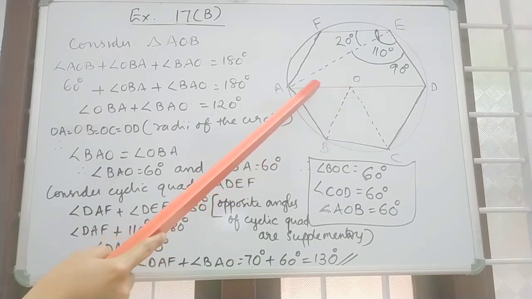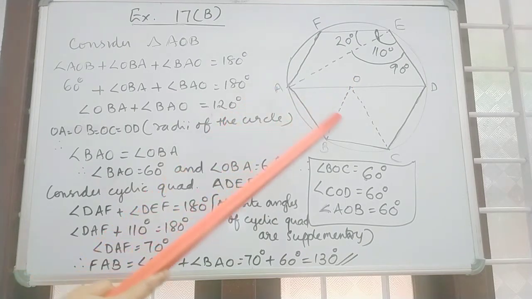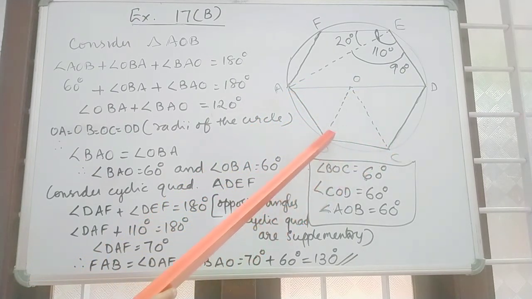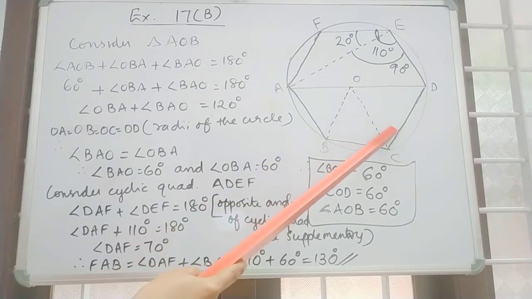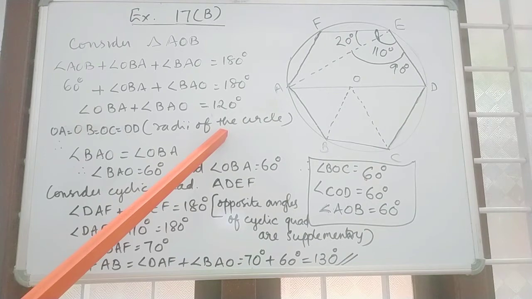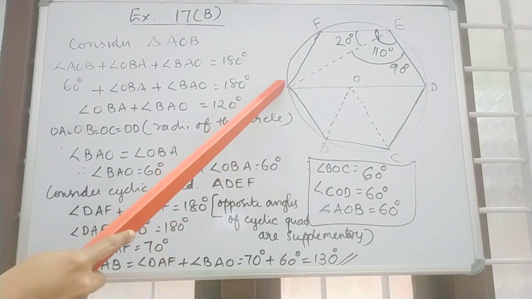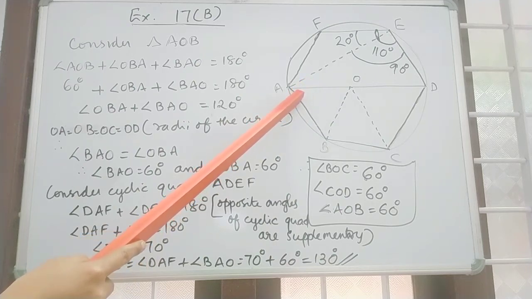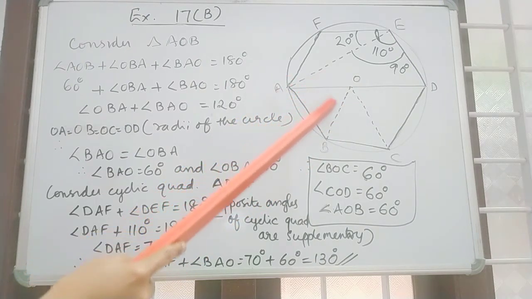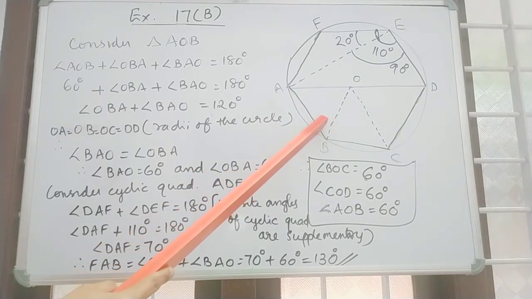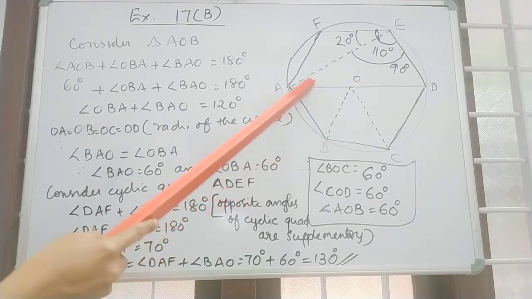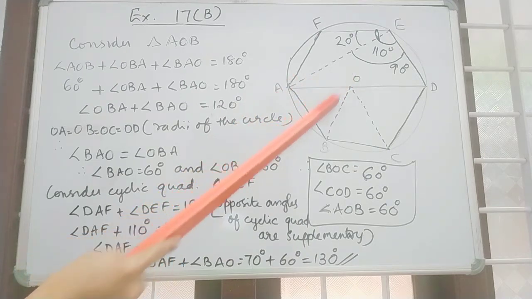So angle BAO will be equal to angle OBA. Why? Because OA and OB are the radii.